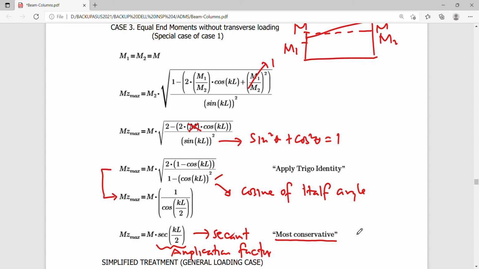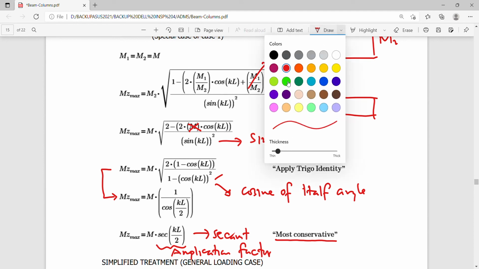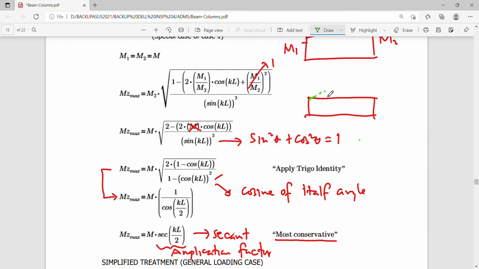The reason for that is because when you have an equal end moment, you are better assured that your magnified secondary moment will be greater. So this Mz max will be greater than M here.